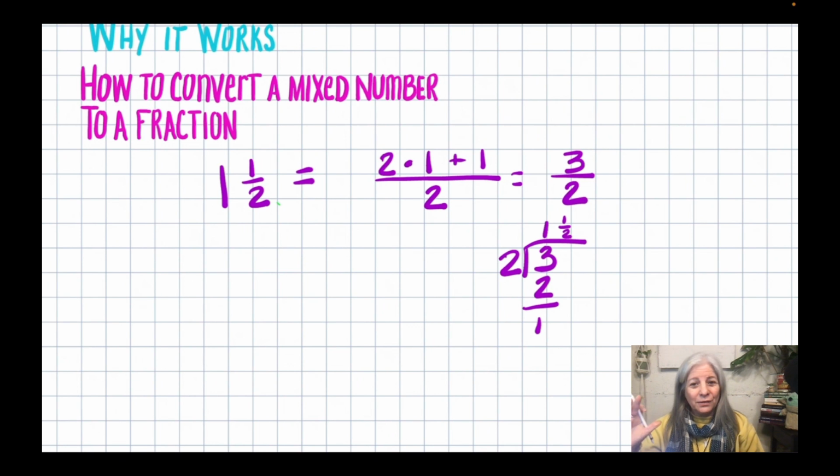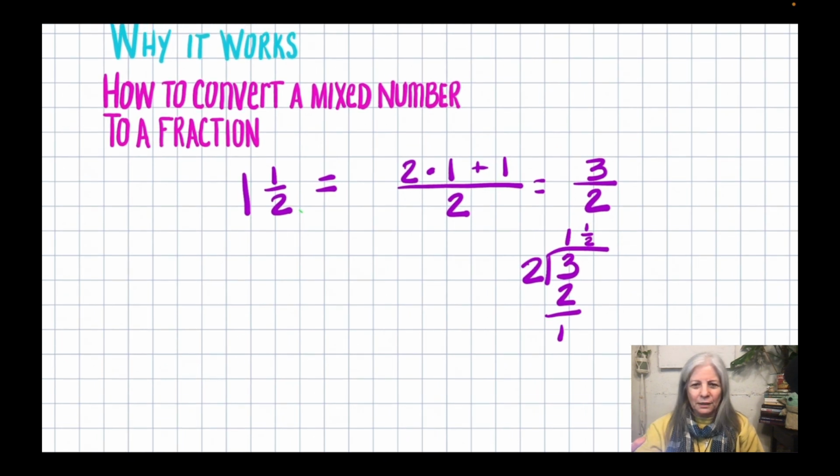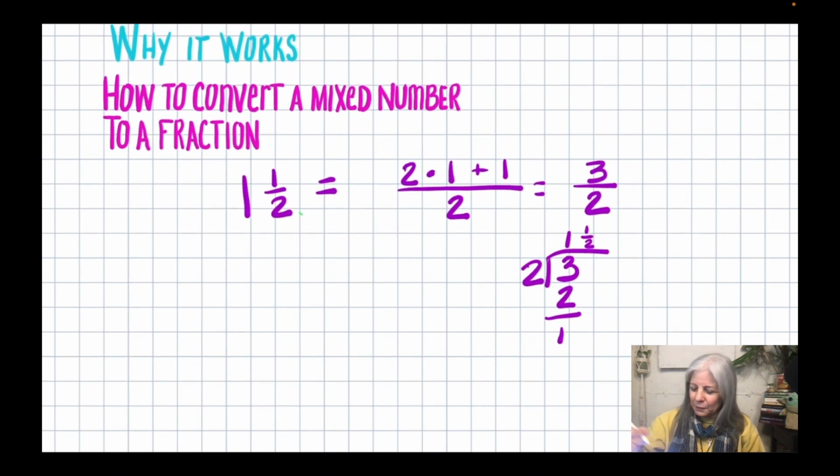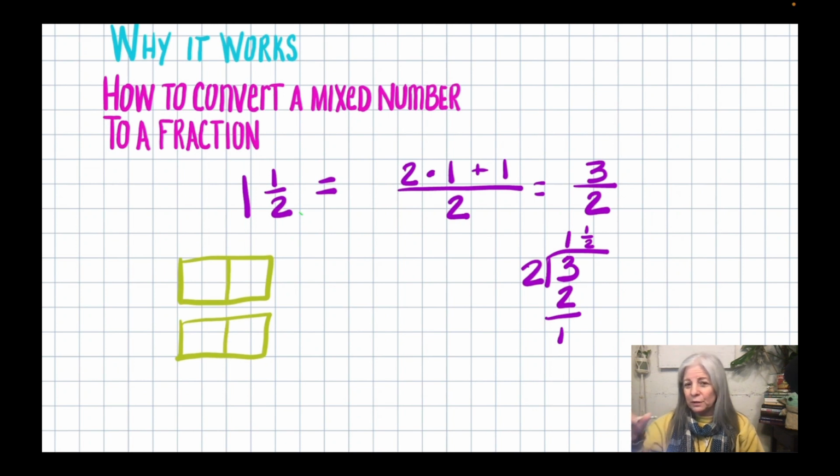So in case you get stuck and you're sitting on a test and you're not sure what to do, here's something you can do. We're going to take a whole and a half, and add them together. So I'm going to break both of these wholes up into halves because this is a half. We want to keep that denominator the same.